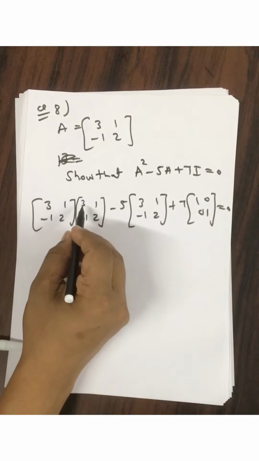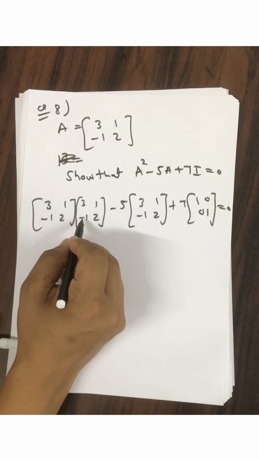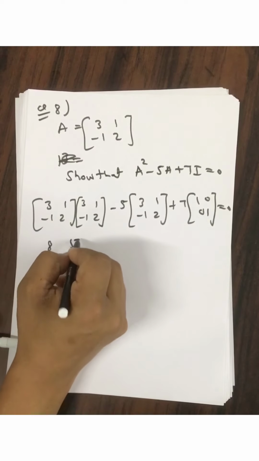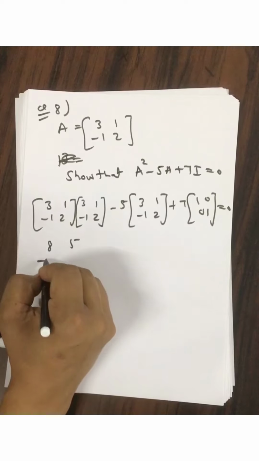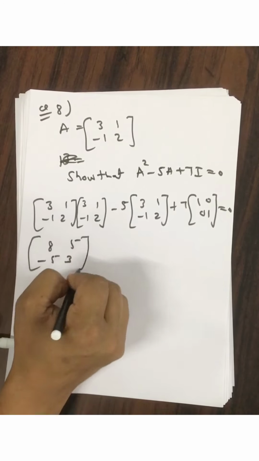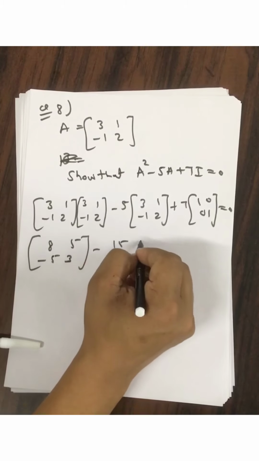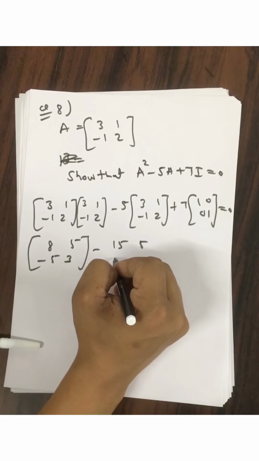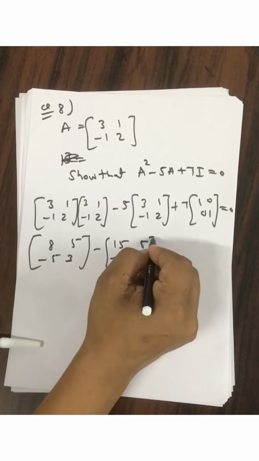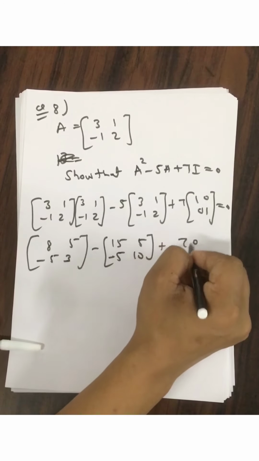Solve it. 3 times 3 is 9, minus 1, gives 8. We'll do it directly: 8, this will come 5, this will come minus 5, and this will come 3. This will be 15, 5, and 5 on the 5, minus 5, 5 to the 10, plus 7 0 0 7.